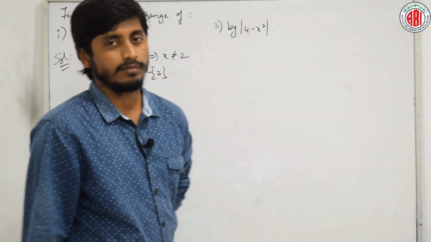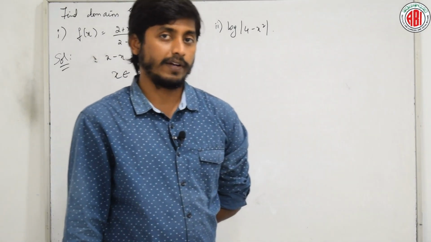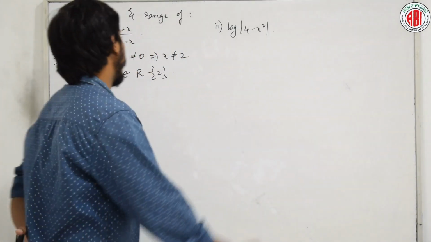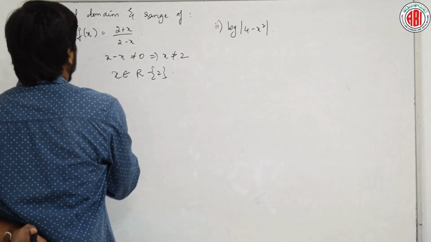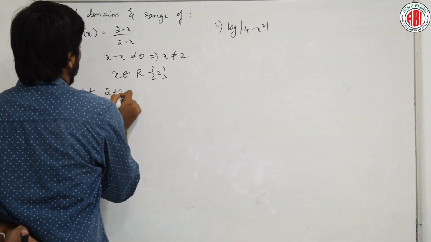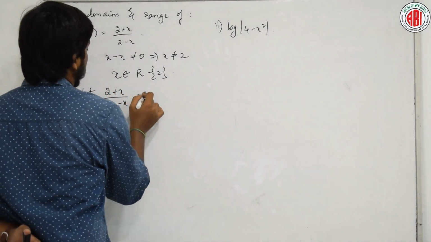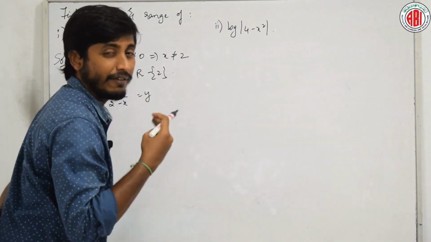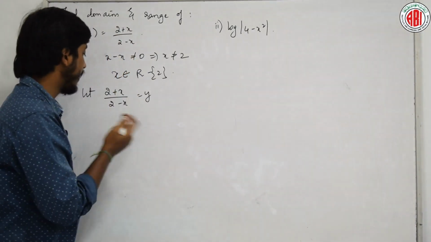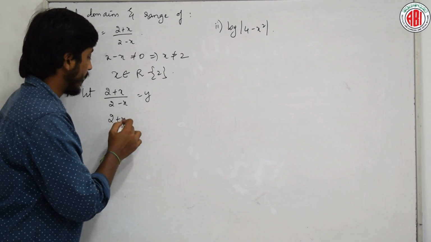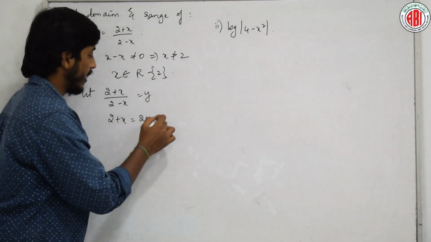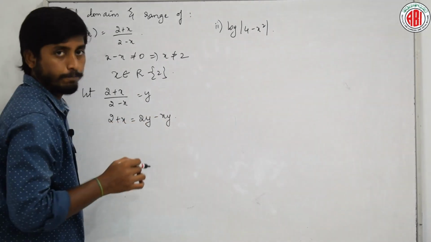Till there it's fine. Then what about the range? How do we find it? Remember from here. Now, let (2 + x)/(2 - x) = y. Let us convert everything in terms of y. Let's see how it looks. 2 + x = 2y - xy.